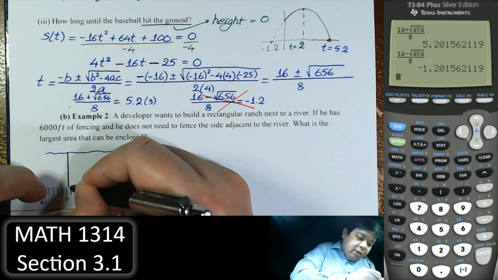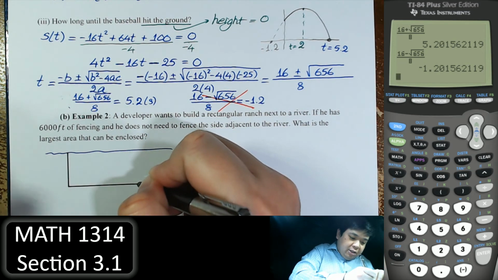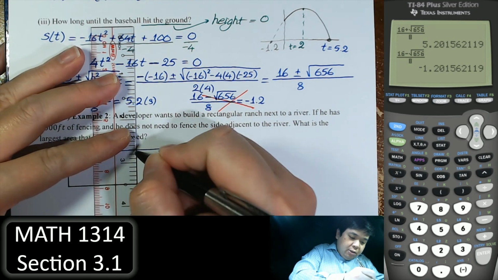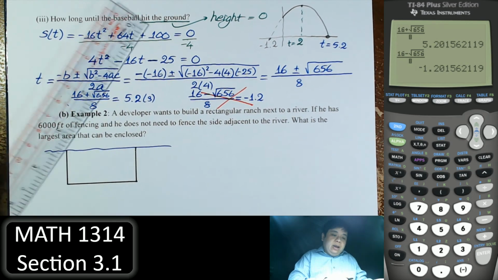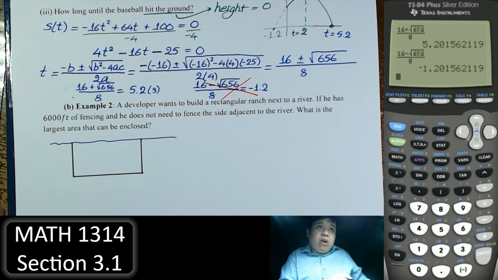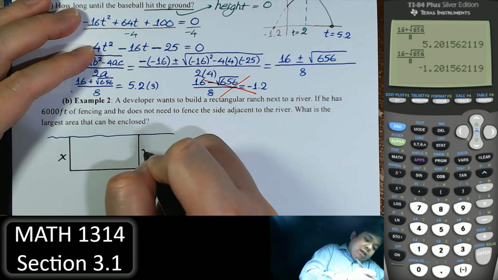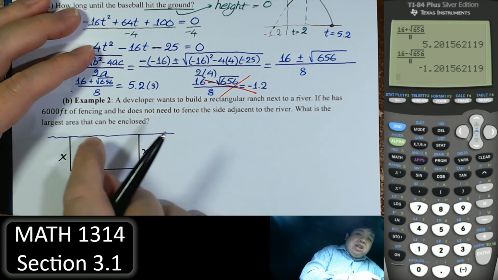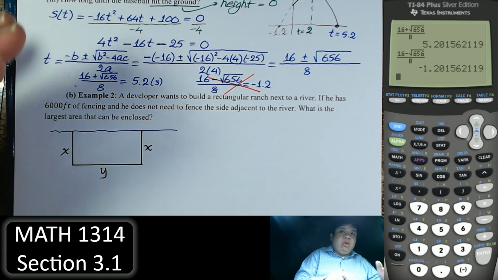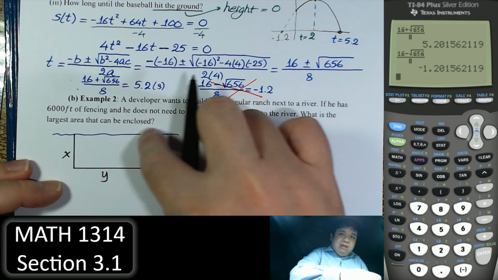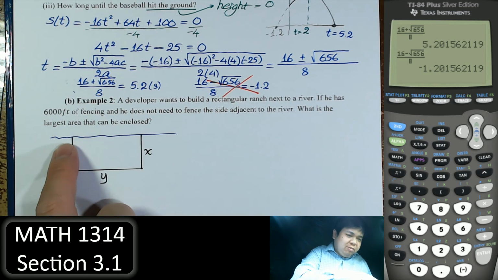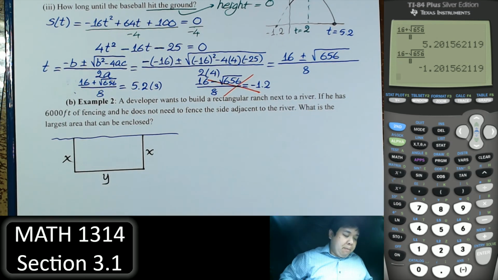What is the largest area that can be enclosed? So this is a rectangle. Let's say this side is x and this side is y. By the way, assume that the river bank is perfectly straight, not curvy. So it will make a rectangle.